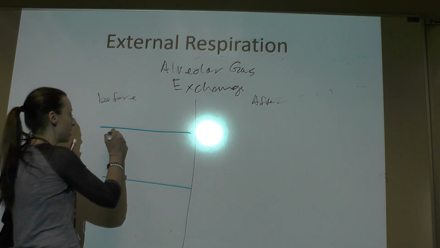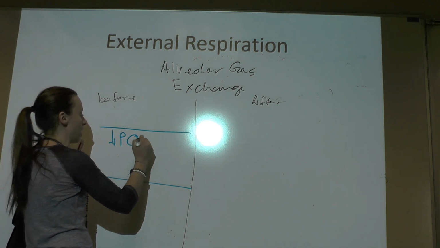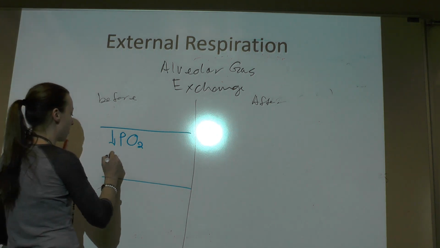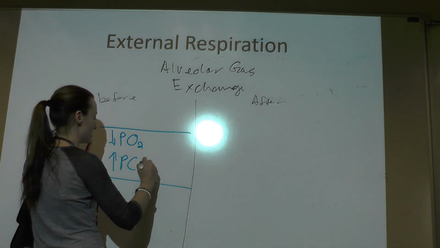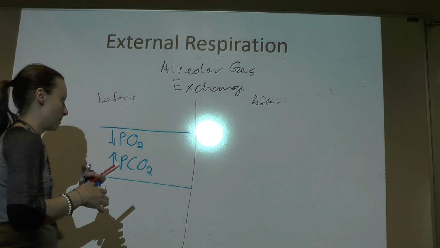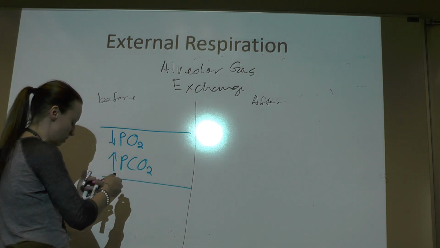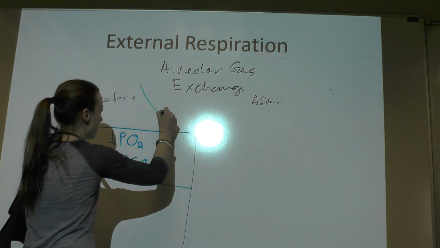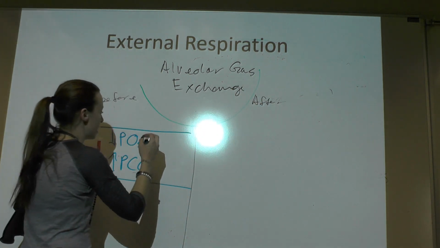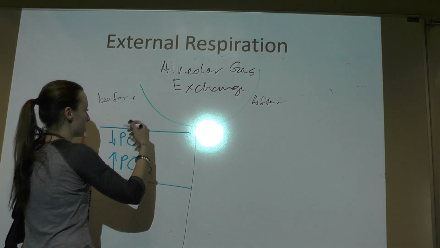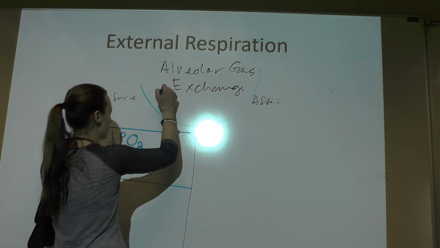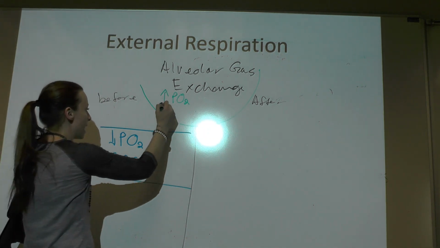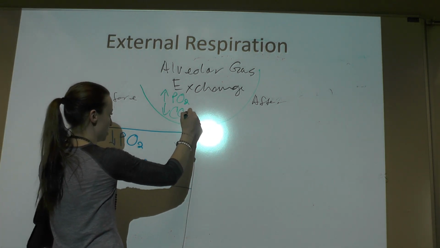What does that mean? That it's got a low partial pressure of oxygen, and it's got a high partial pressure of CO2. Well, what's going on in my alveolus? If I look at my alveolar air, then the air that I just breathed in through inspiration has a high partial pressure of oxygen and a low partial pressure of CO2.